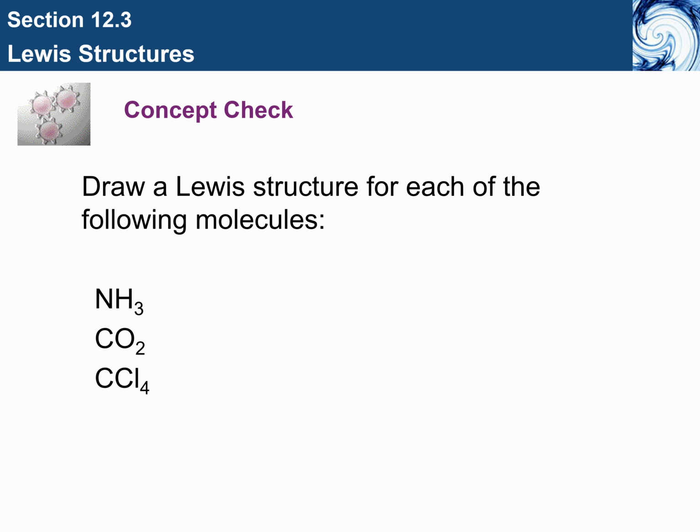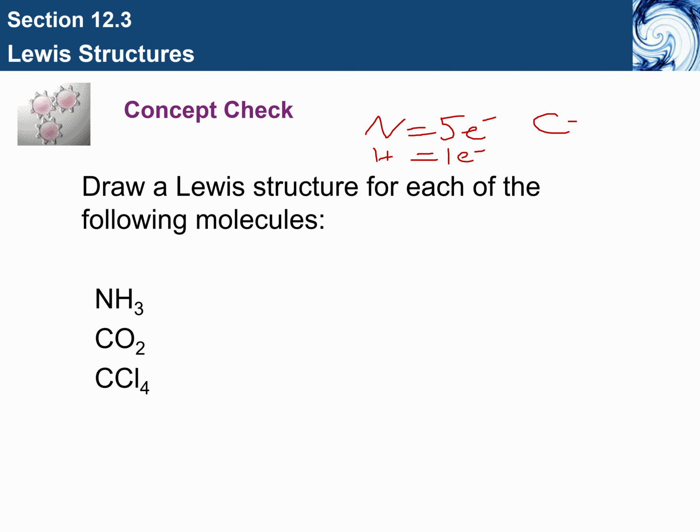Now we'll do the same thing, but for nitrogen, carbon, chlorine, oxygen, all of those we will need to look up on our periodic table. So nitrogen is going to have 5 electrons. Hydrogen still has 1. That's easy.